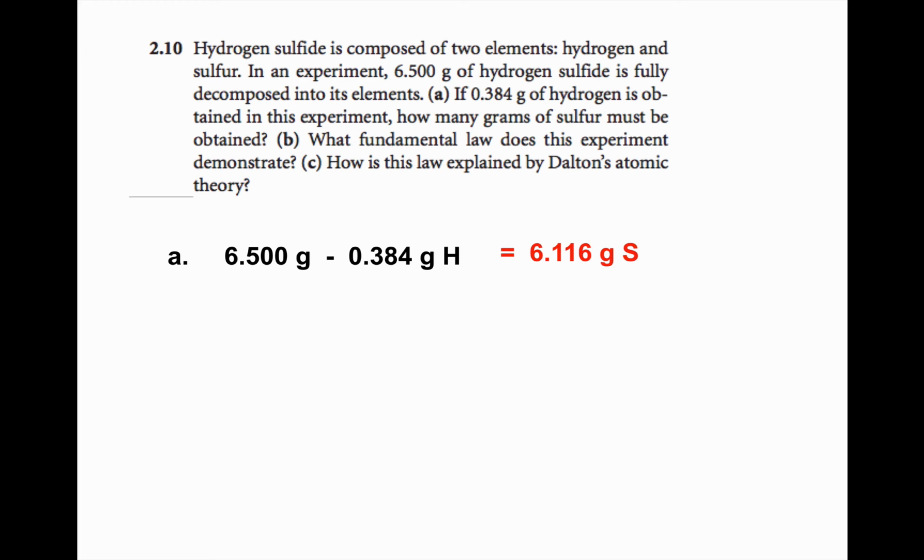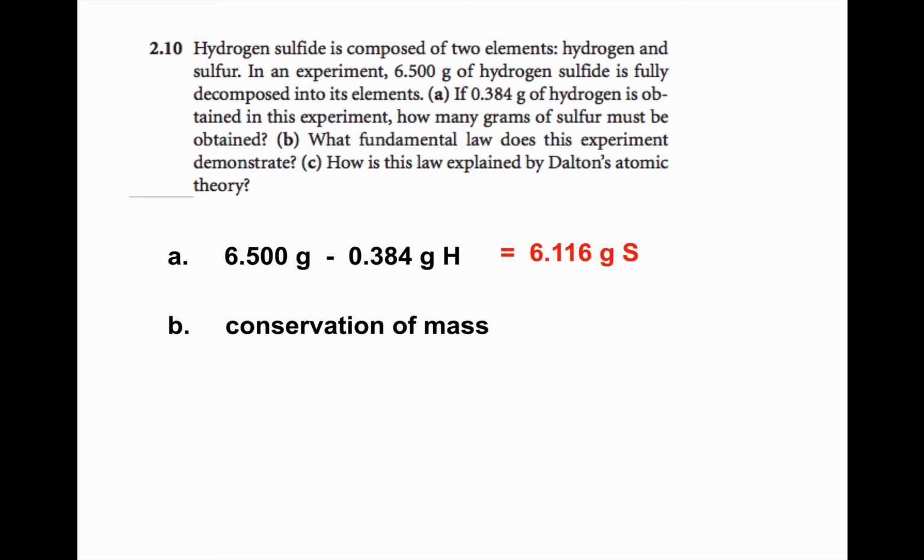B, the fundamental law here is the law of conservation of mass. Dalton is the one who explains why we have the law of conservation of mass. According to Dalton, it is because compounds are made of these things called atoms, which come in whole chunks only.